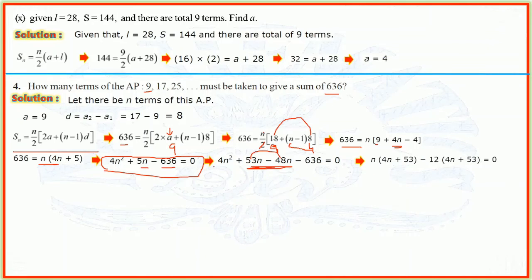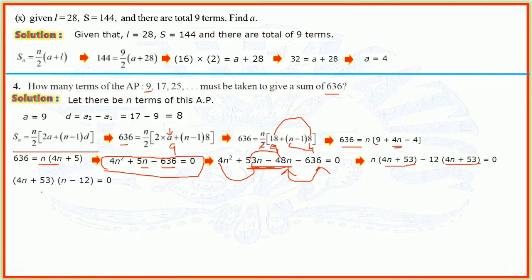Then we take something common from these two and something common from the other two. N is common from the first two, so n into 4n plus 53 remains, and minus 12 is common from the other two, so 4n plus 53. These two are identical, that means our factorization is correct.